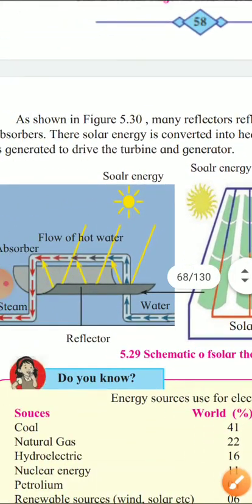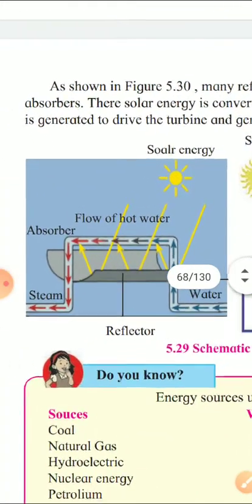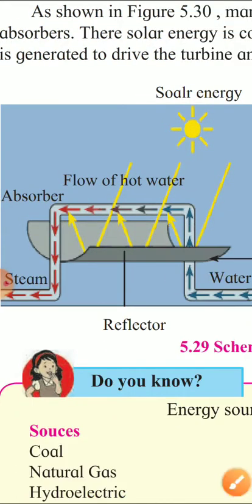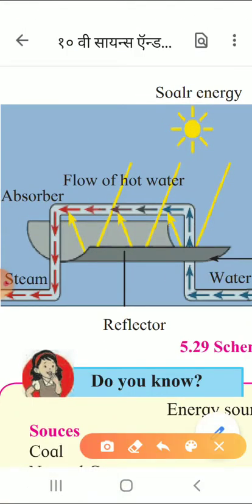Now let us show you here how this reflector works. Here we can see this is the solar energy. We can see here many reflectors reflect the concentrated solar radiation on the absorber, and there the solar energy is converted to heat energy.